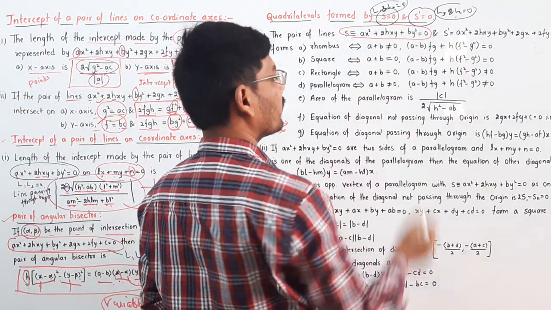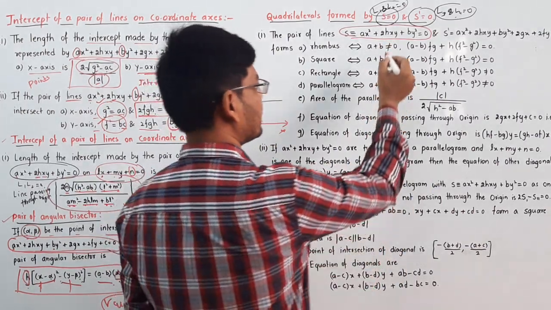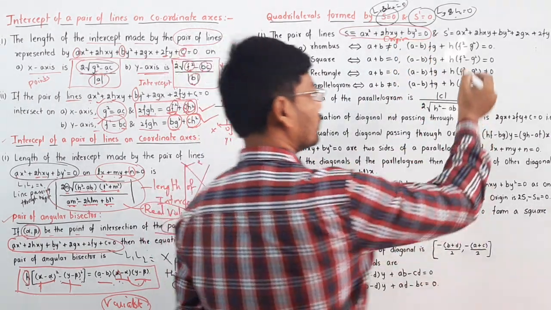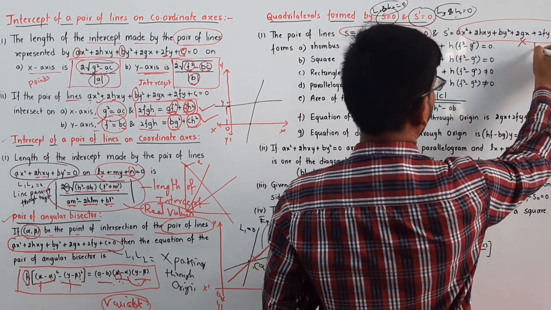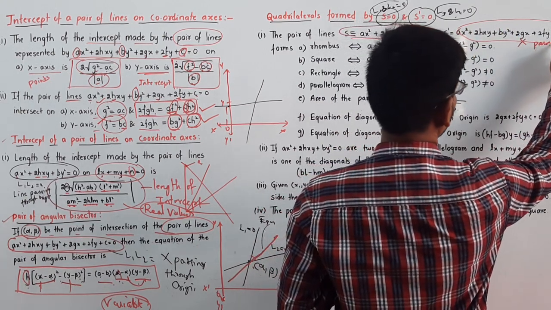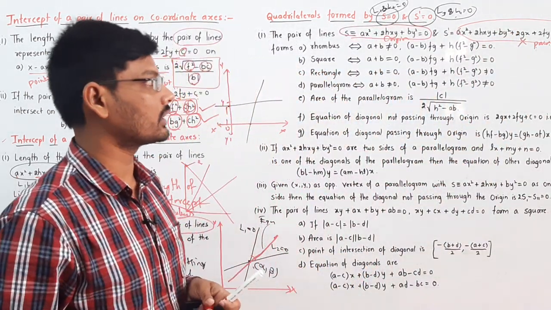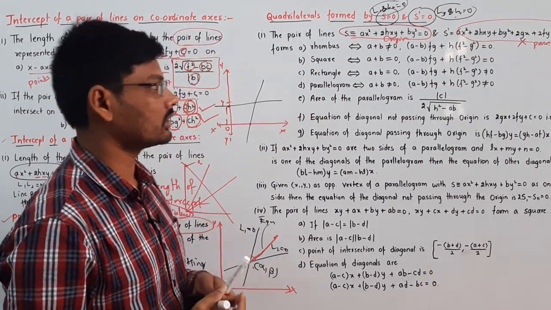This is the combination of two lines, and these two lines are passing through the origin, and these other two lines are not passing through the origin. This is the equation S dash is equal to ax square plus 2hxy plus by square plus 2gx plus 2fy plus c is equal to 0.